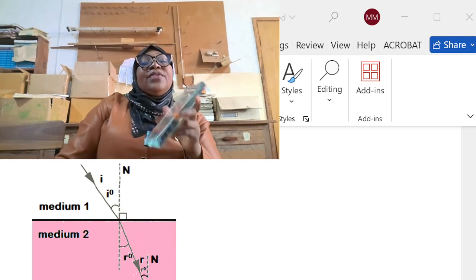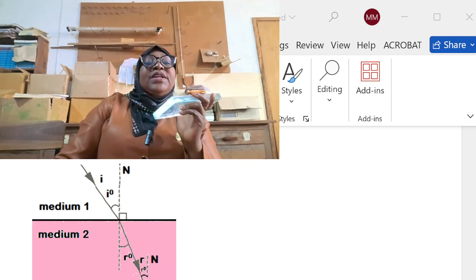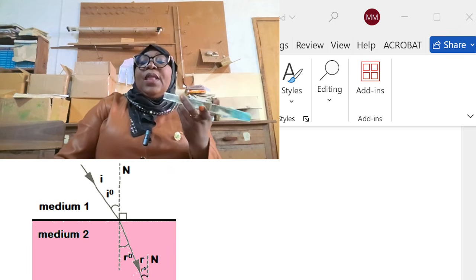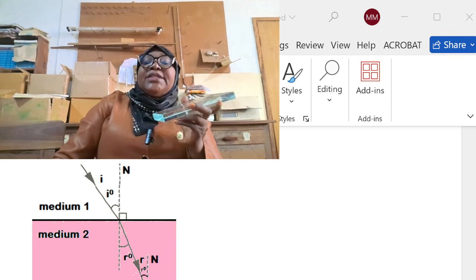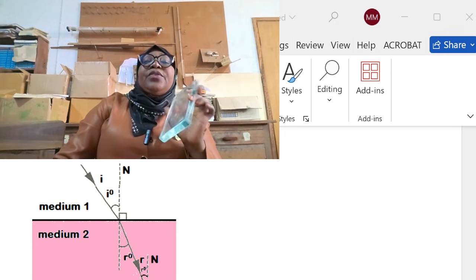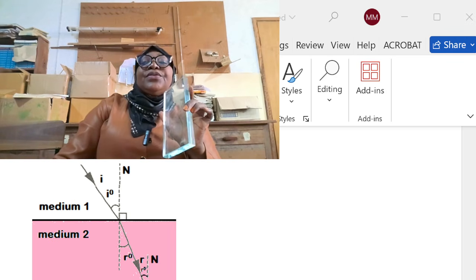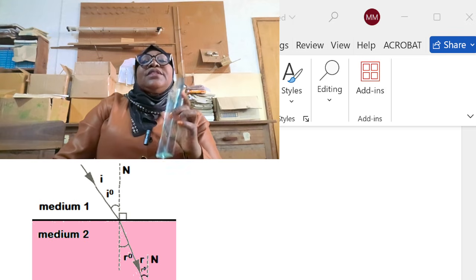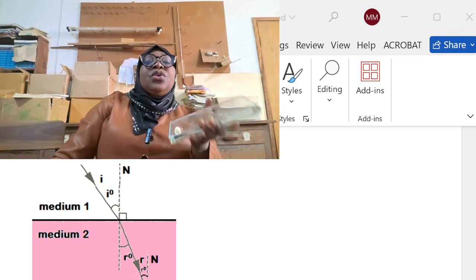The ratio of sine i to sine r is equal to a constant for a particular material. This is known as Snell's law.